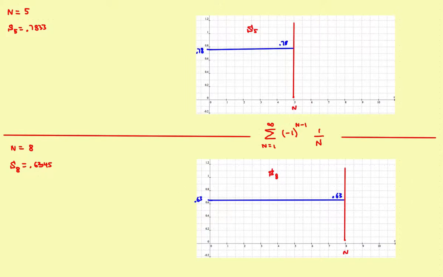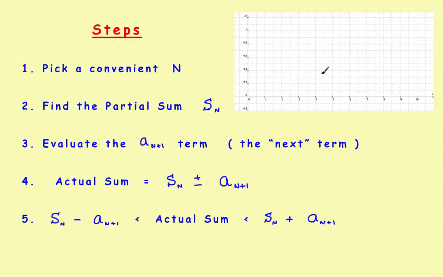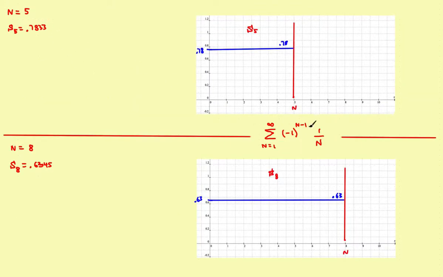So let's take up the next term. Okay, so the next thing says this: evaluate the next term to see what the biggest the remainder could possibly be. So what that's going to be is if n is equal to 5, like on this one, n plus 1 is going to be the 6th term.